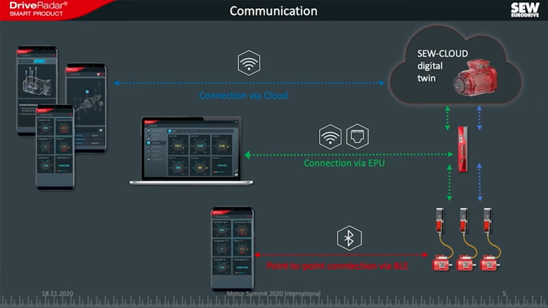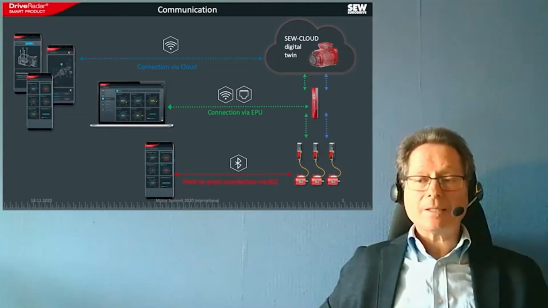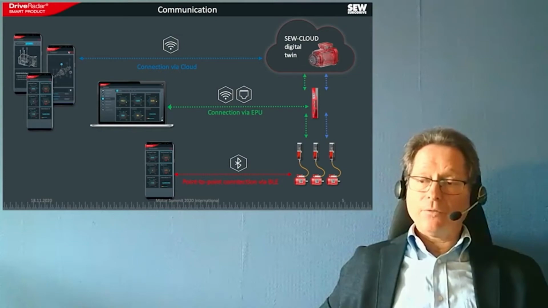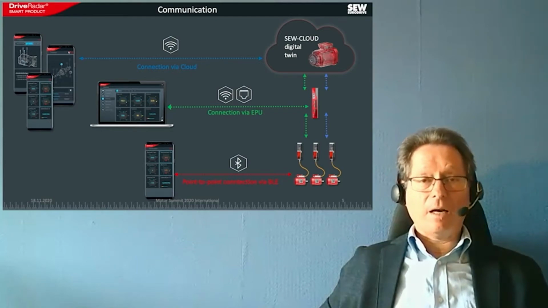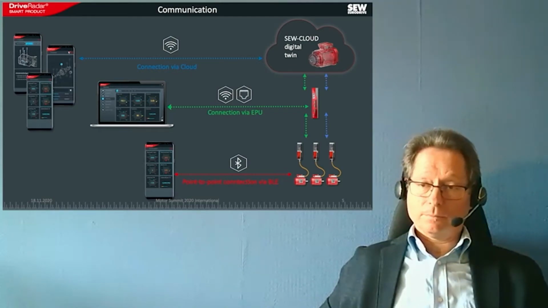The blue one. The customer is connected via the cloud. This is always possible. You get the so-called static data. You will hear more later. And if you are connected with an edge processing unit, then you get live data in addition.